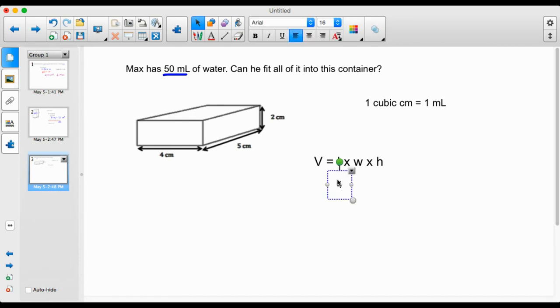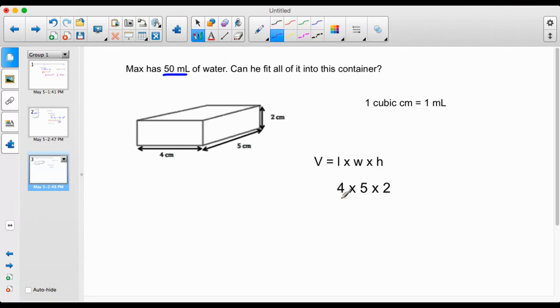I'm going to plug in my dimensions. It doesn't really matter which one comes first, second, or third, but I'm going to do it like that. Now let's go ahead and solve it. What's 4 times 5? It's 20. Then I'm just going to copy down everything else that we haven't used yet, so I have 20 times 2.